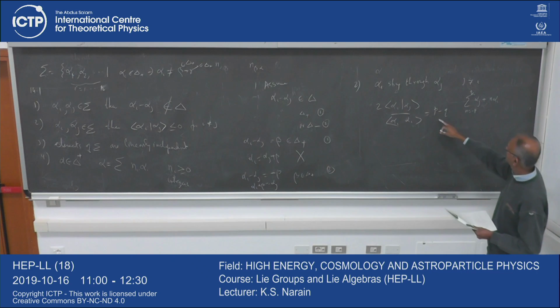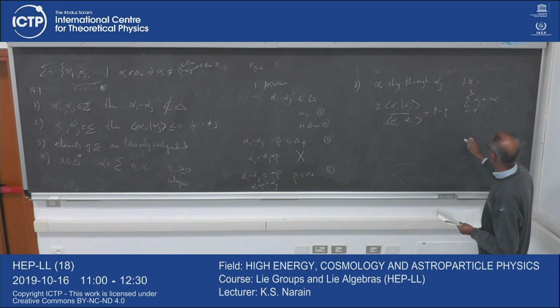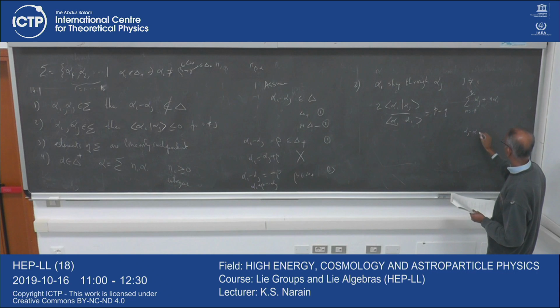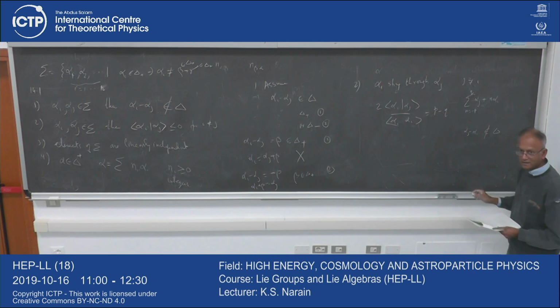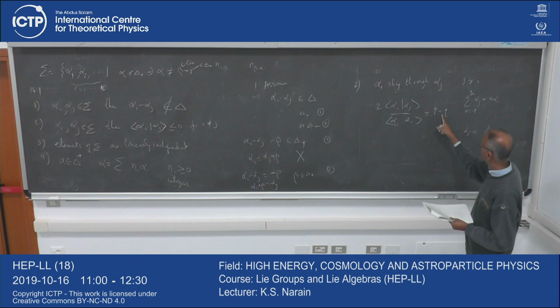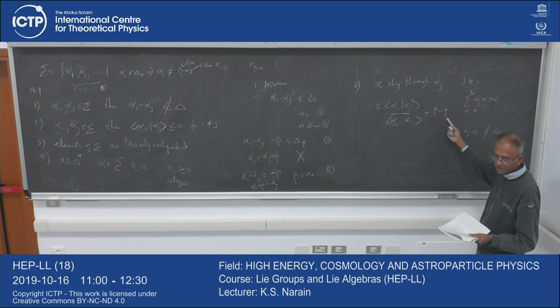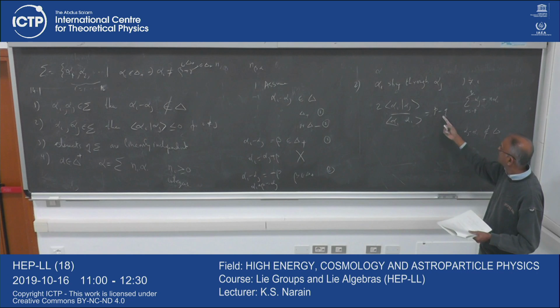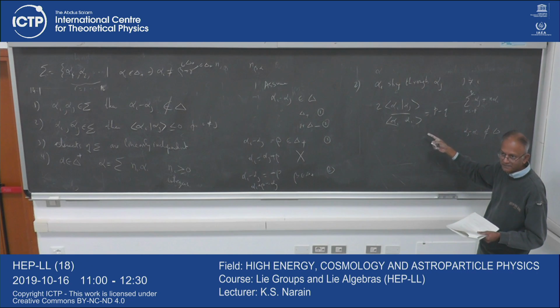But we are saying that P is 0 because alpha j minus alpha i is not a root. It does not belong to the roots. So P has to be 0. So that means it's a negative number. Q could also be 0, of course, in some cases, but whatever it is, it's not going to be positive.